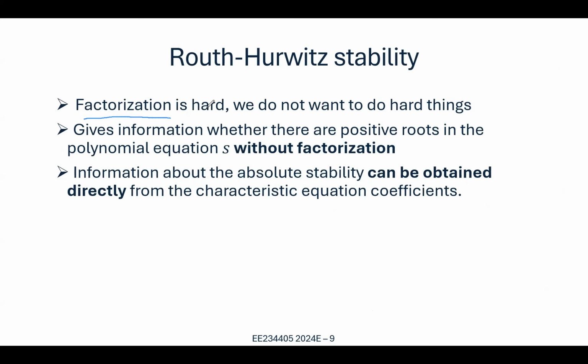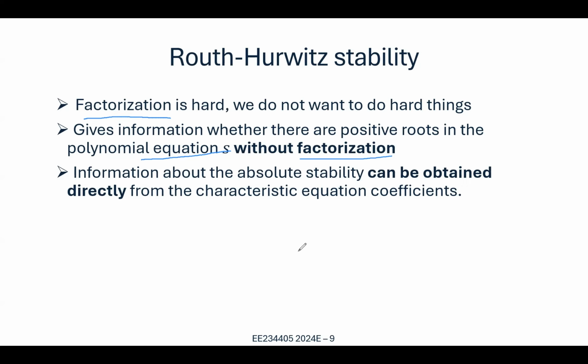The Routh-Hurwitz method gives information on whether there are positive roots in the polynomial equation in s without factorization. It's hard to do factorization, and there is no reliable method for it. We would have to do a lot of practice, or be familiar with some numbers, and it would be hard if we are not.